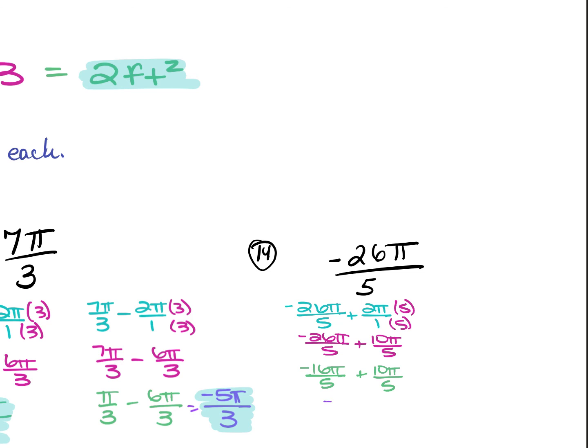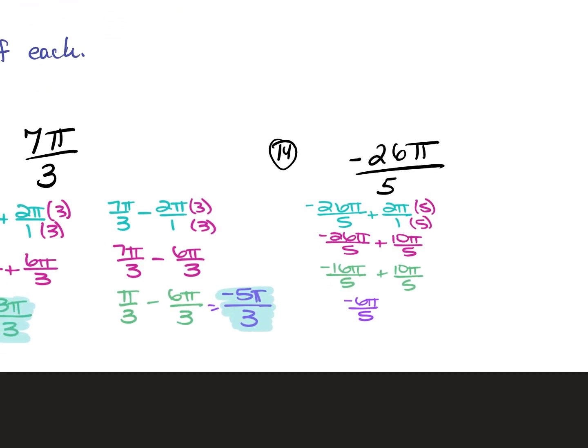And that gives us negative 6 pi over 5. So that's another negative coterminal angle. Still add that 2 pi, or the 10 pi over 5, to that. And that finally gives you 4 pi over 5. So your positive coterminal angle is 4 pi over 5.